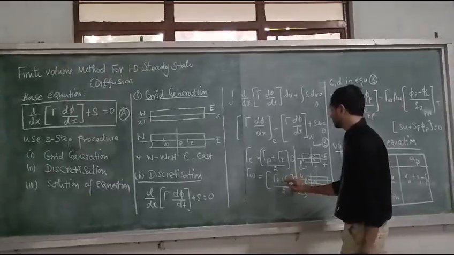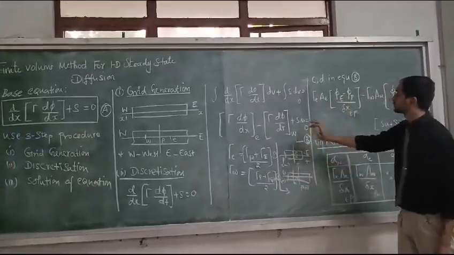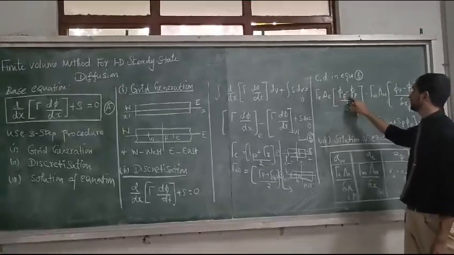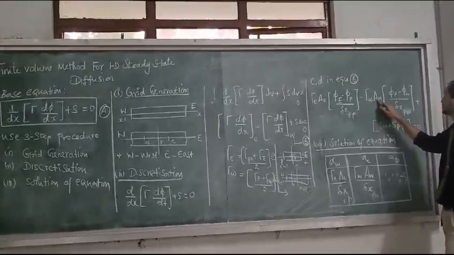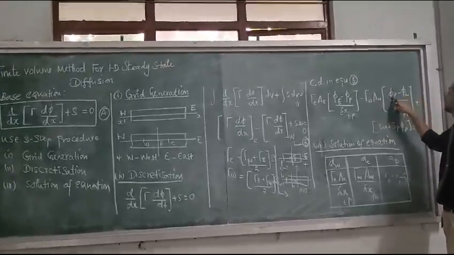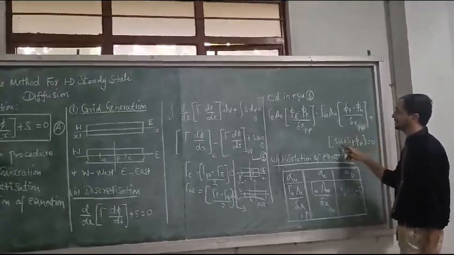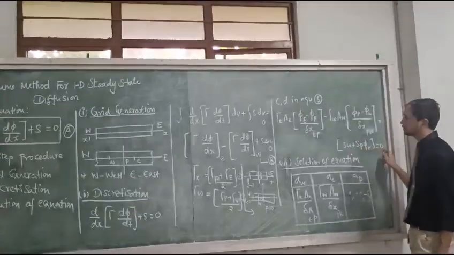Similarly, the west face is phi P plus phi W divided by 2. Substituting these two into the equation, we get gamma E A E into phi E minus phi P divided by del x, minus gamma W A W into phi P minus phi W divided by del x, plus the source term S into del V, which is equal to Su plus Sp phi P, that is equal to 0.